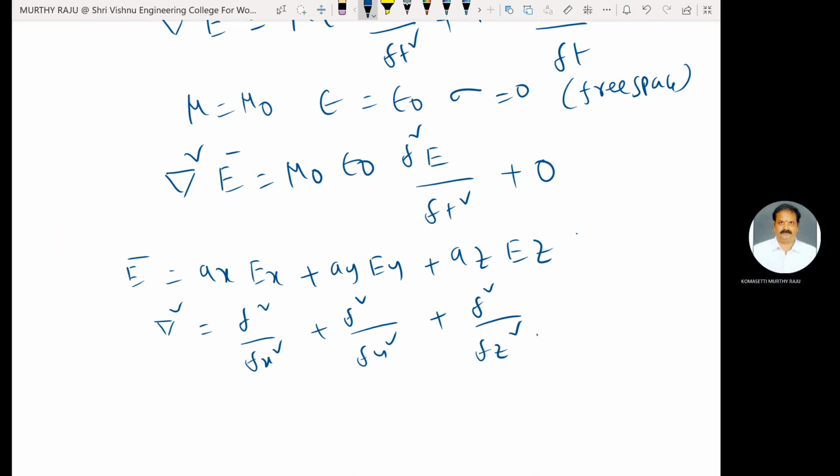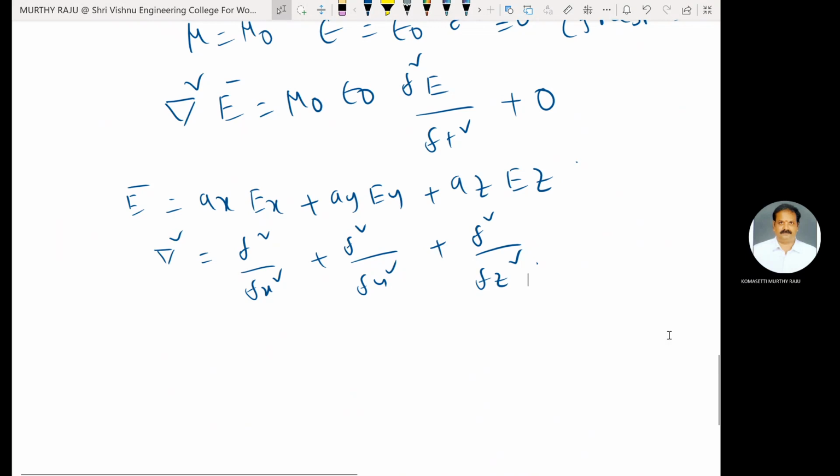Suppose a uniform plane wave propagating in z direction.